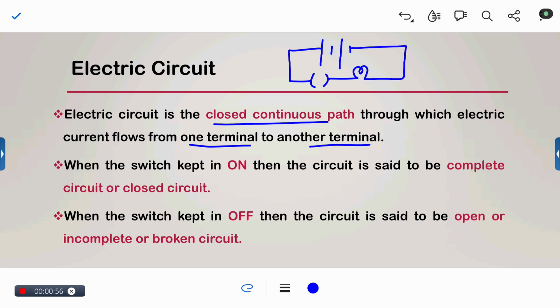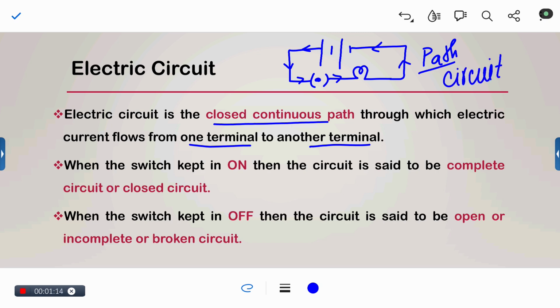Initially the key is kept off. Once the key has been turned on, the electric current will start to move in this closed path. That means the path taken by the electric current is called the circuit.